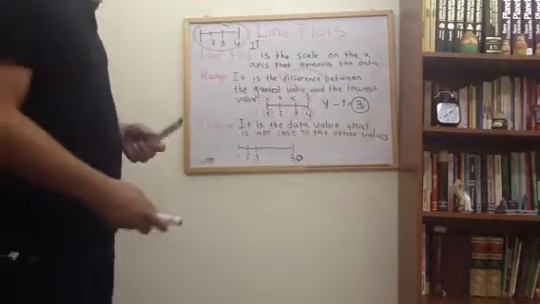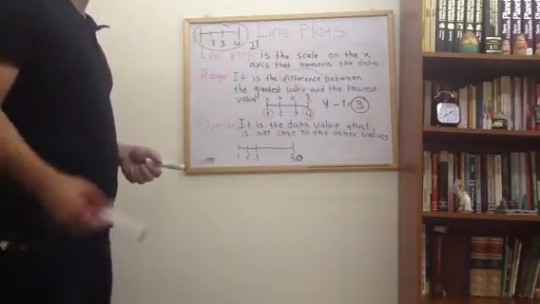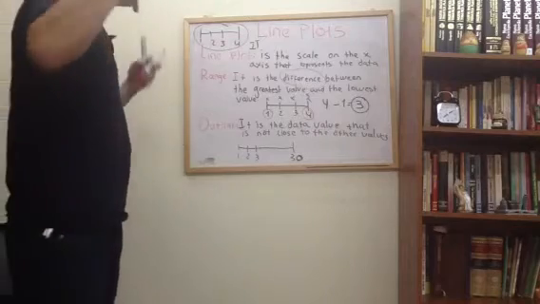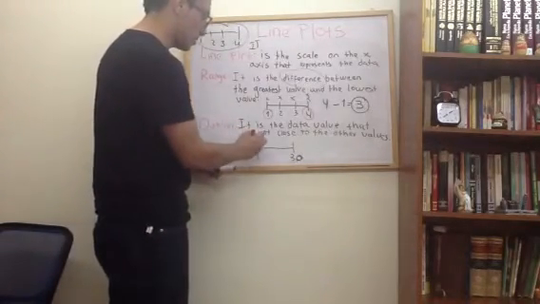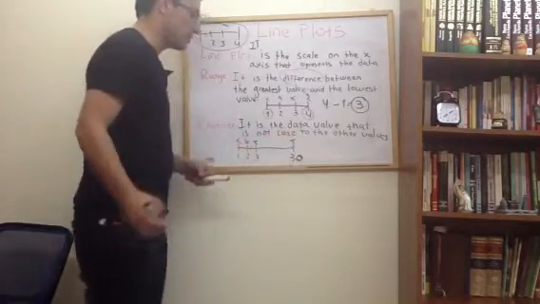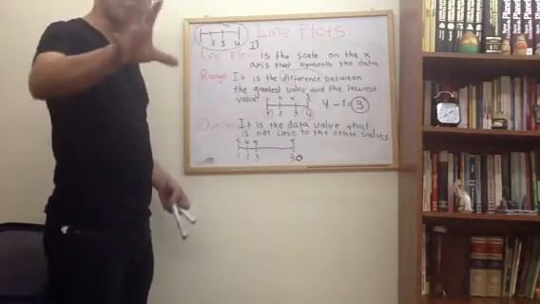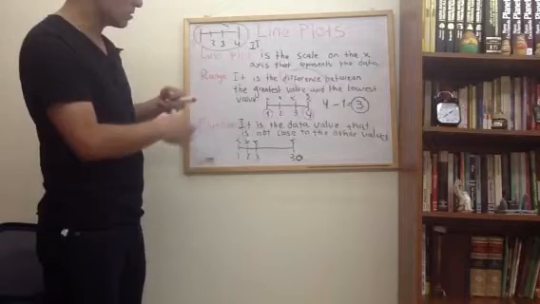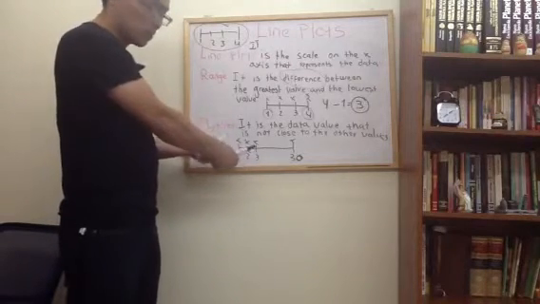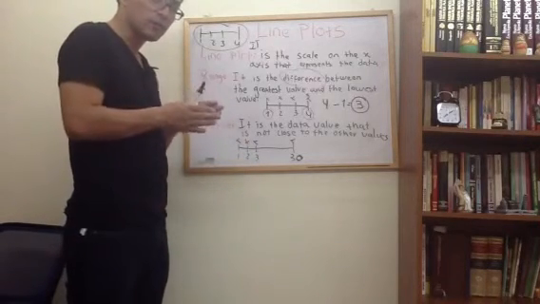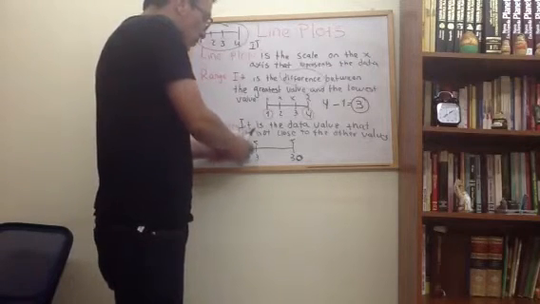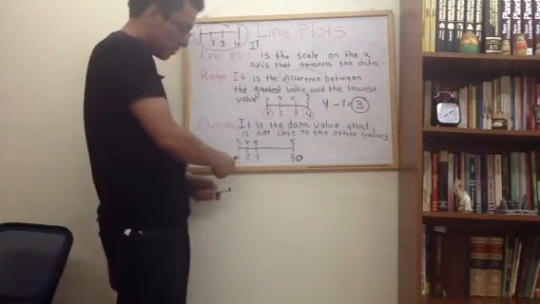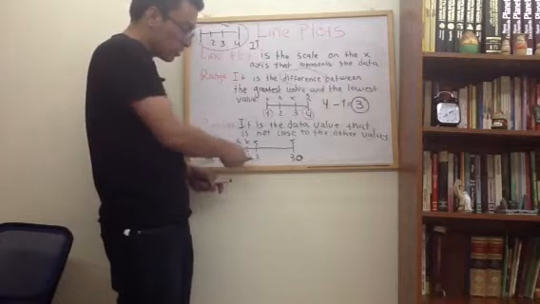Outlier. It is the data value that is not close to the other values. Sometimes in a graphic, when we are getting information, we need to notice something here. In the scale right here, we have 3 numbers in the information that are very close. We have 1, 2, and 3. Those numbers are close.